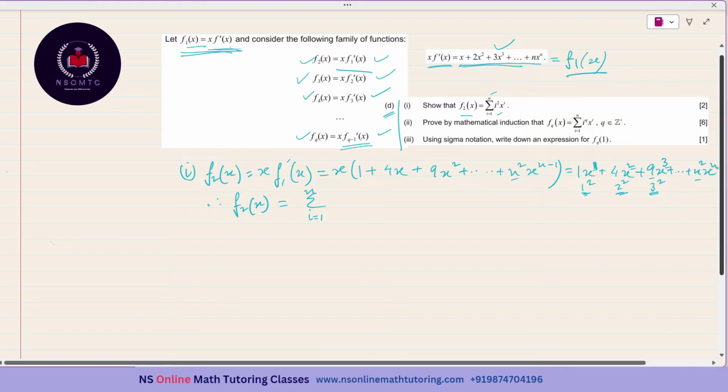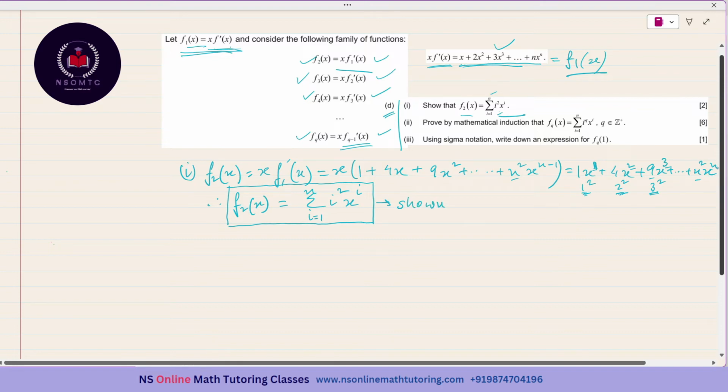So it is i squared and x raised to the power of i. Okay. So this is the expression that they had asked us to show. Shown.